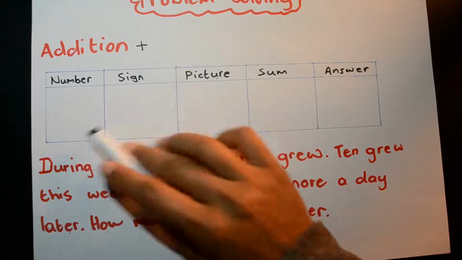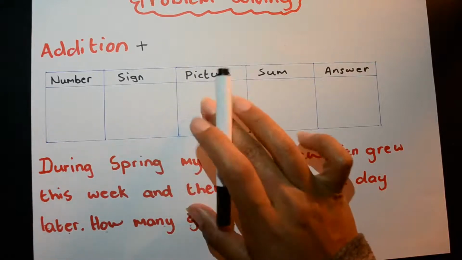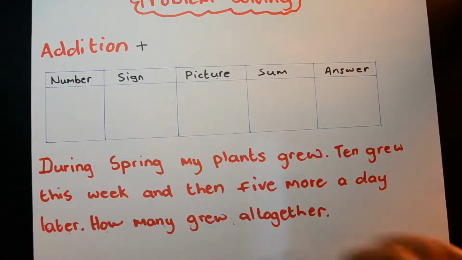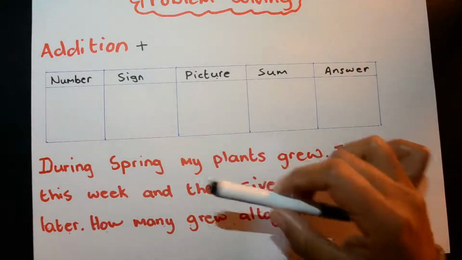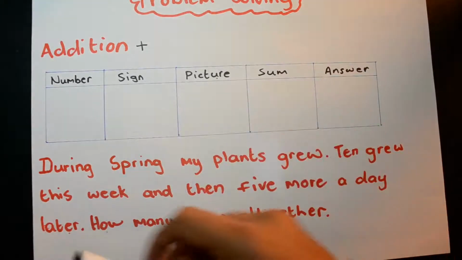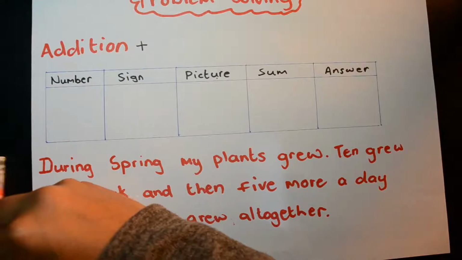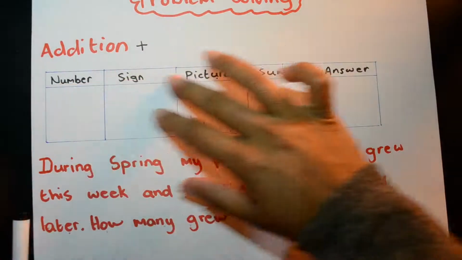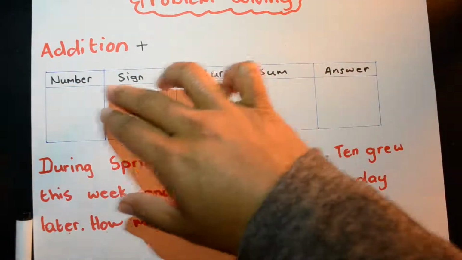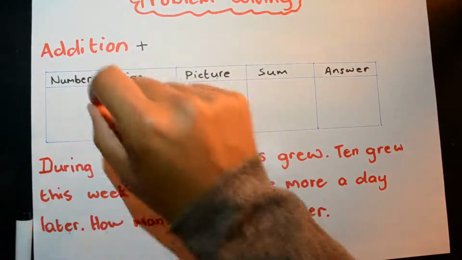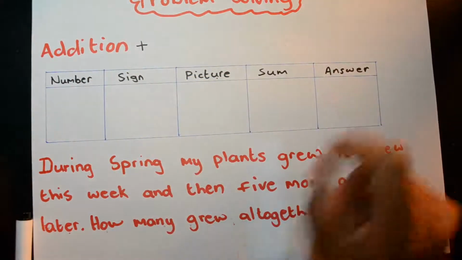But some people do start with the picture. So for now I'm just going to show you how we're going to do this one, and then you're going to get a worksheet on word problems. Please use this table for every one of them, and then you fill in and you get your answers.